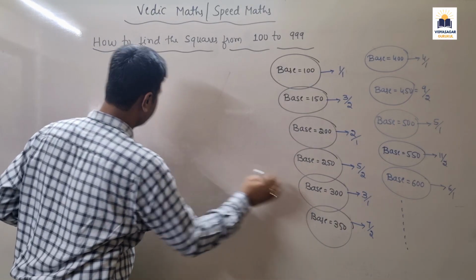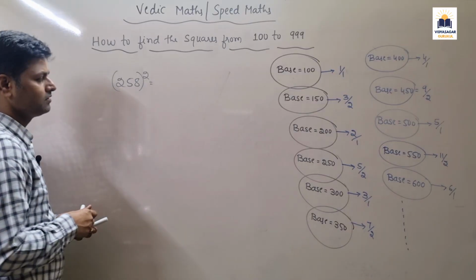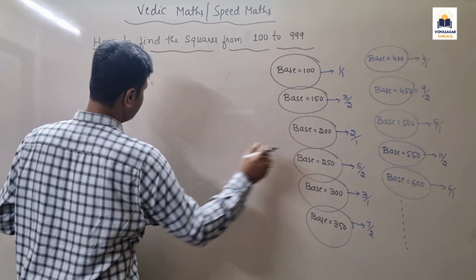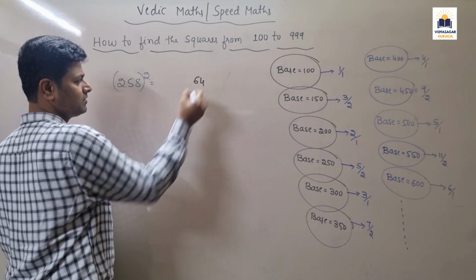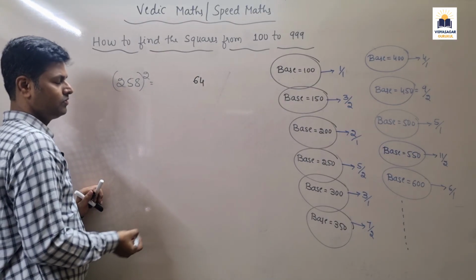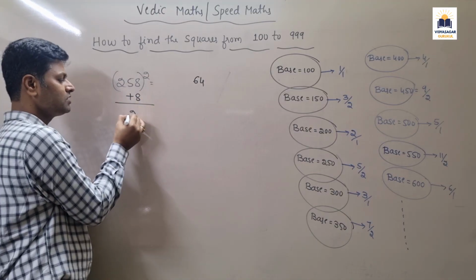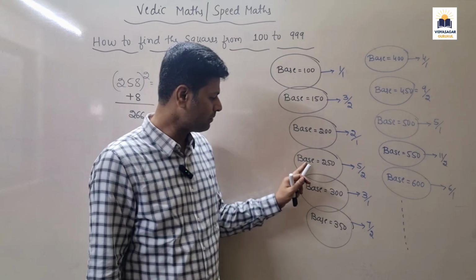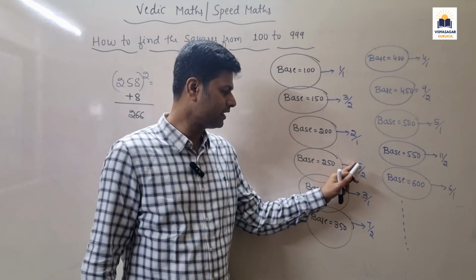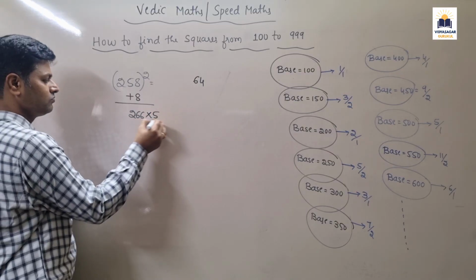So compared to 250, 258 is 8 more. 8 more means 8 square is how much? 64. How much more? That much you can add. So it will be how much in total? 266. And I have told you, if the base is 250, you can take it 5 by 2 also directly. So 5 by 2.